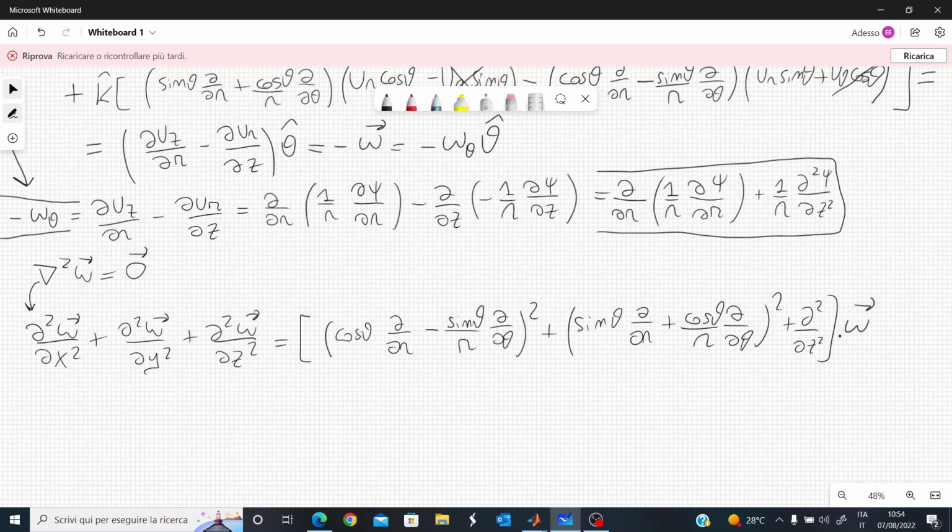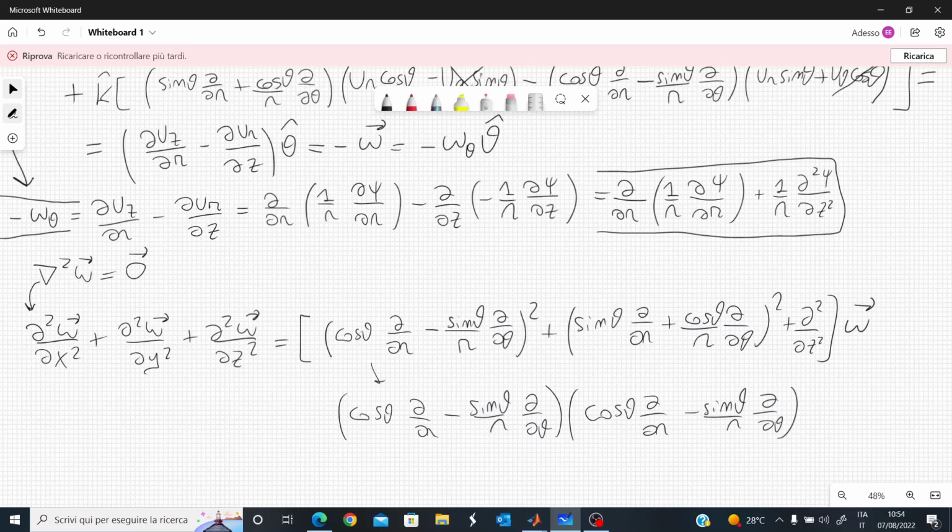You just have to take the square of these operators. So these are operators, so you have to be careful because the order cannot be exchanged. It's as if you were multiplying, for example, cosine theta d over dr minus sine theta over r d over d theta, and you simply multiply these two together. So you take this first operator and you apply it to this term.